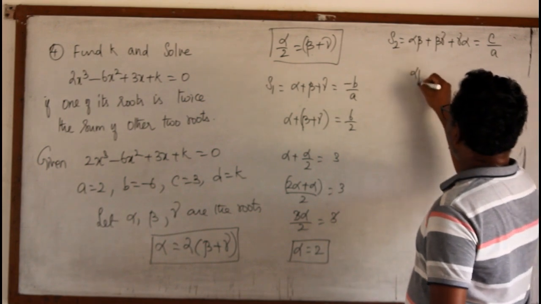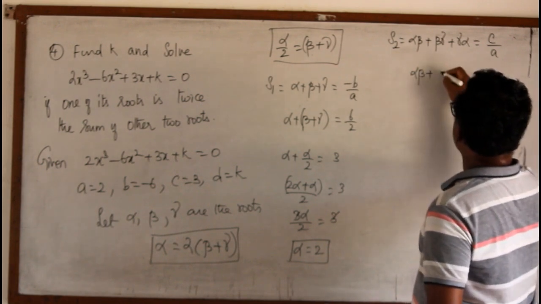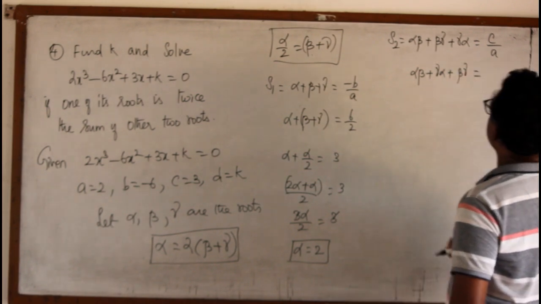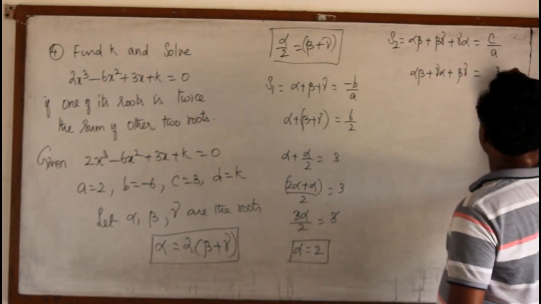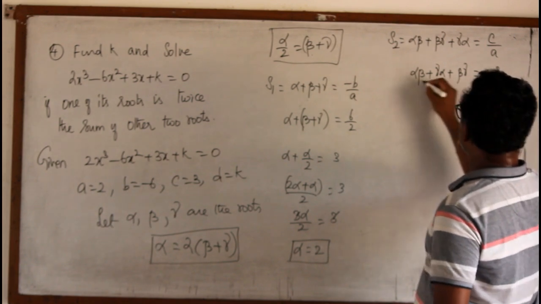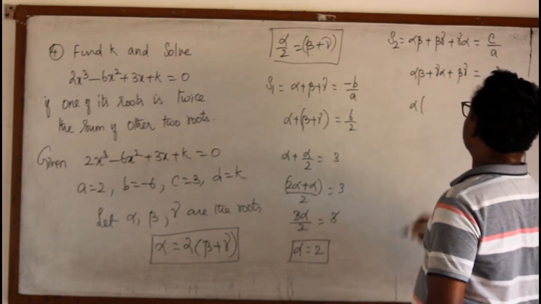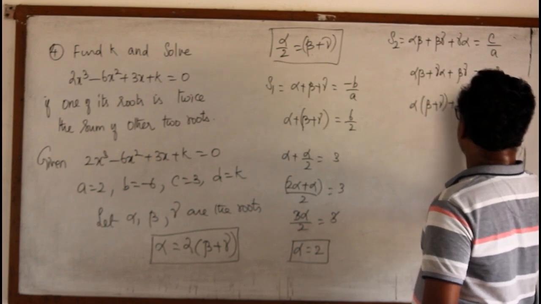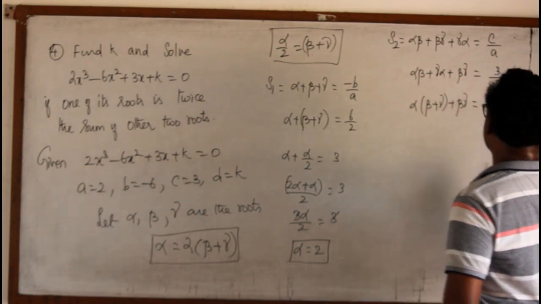Shall I take alpha beta plus gamma alpha together, then beta gamma together, then C is 3 and A is 2. In this, alpha is common, so alpha(beta plus gamma) plus beta gamma is 3 by 2.